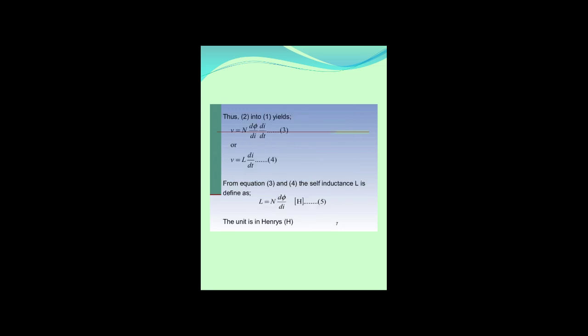Hence, d phi upon dt is equal to d phi upon di dot di upon dt, equation number 2. Thus, from equations 2 and 1, v is equal to n d phi upon di dot di upon dt, equation number 3, or v is equal to L di upon dt, equation number 4.